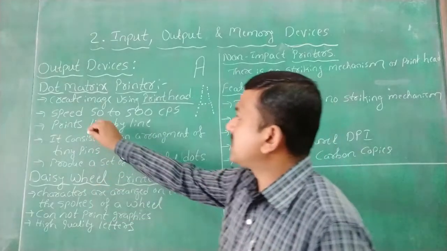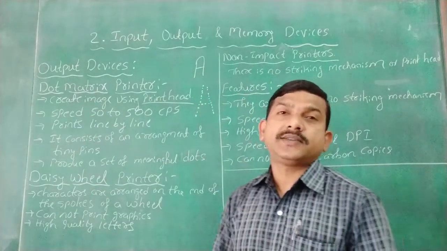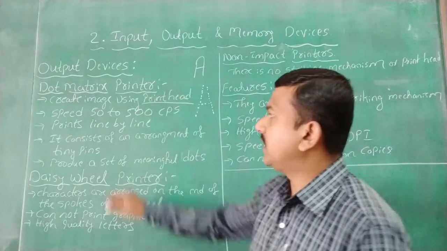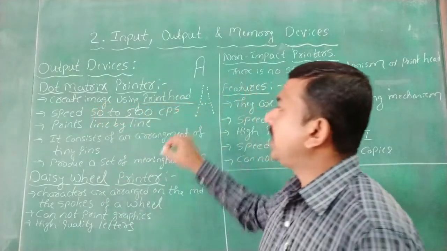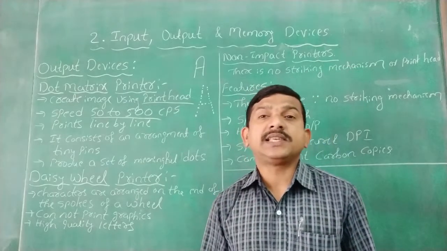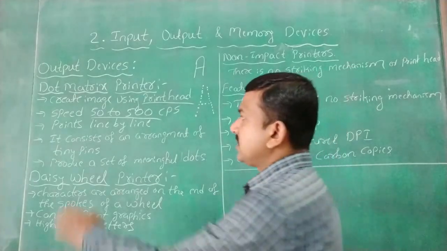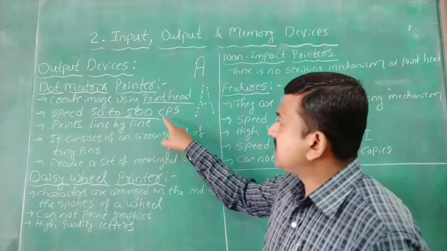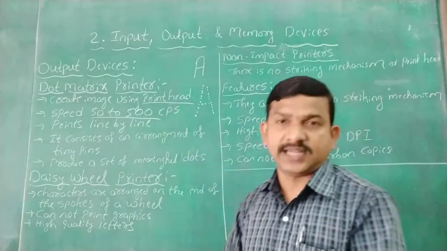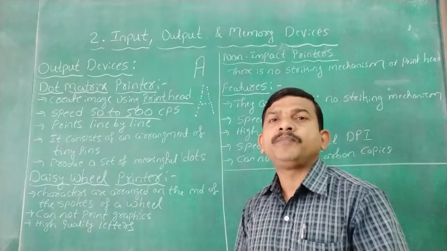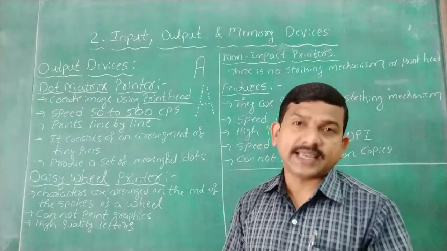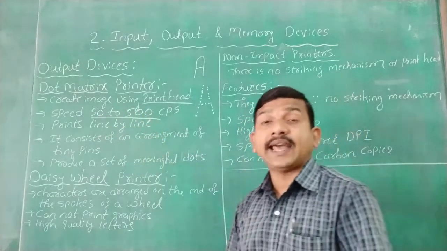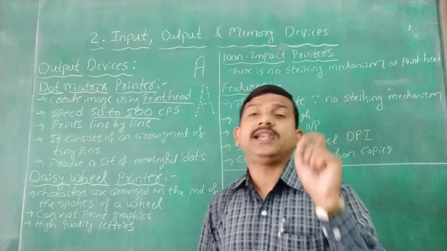So next, the speed of this printer. The speed of dot matrix printer is around 50 to 500 CPS. What does it mean? CPS stands for characters per second, meaning around 50 to 500 characters per second it will print.